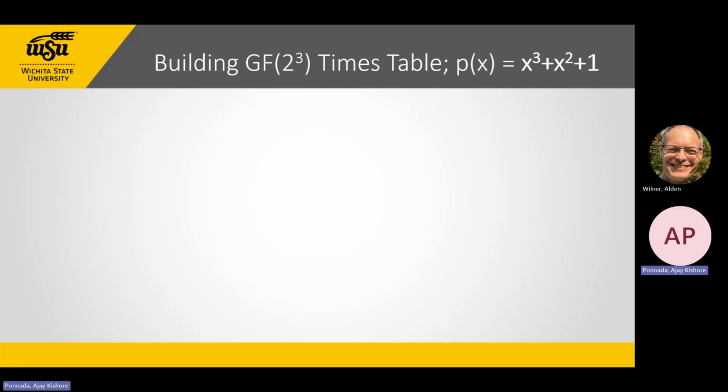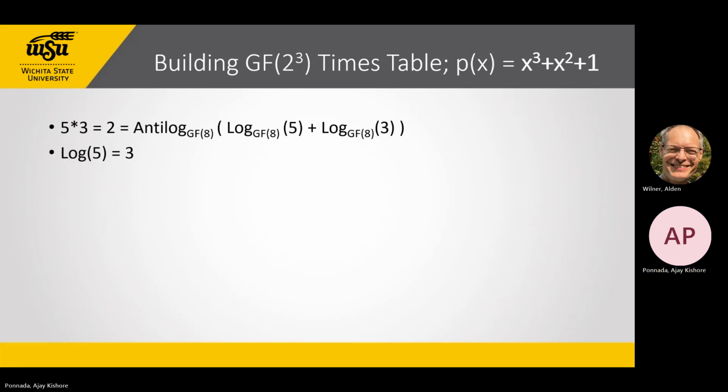Now building Galois field 2 cube for x cube plus x square plus 1. Again, we have this formula, antilog of log of 5 plus log of 3.